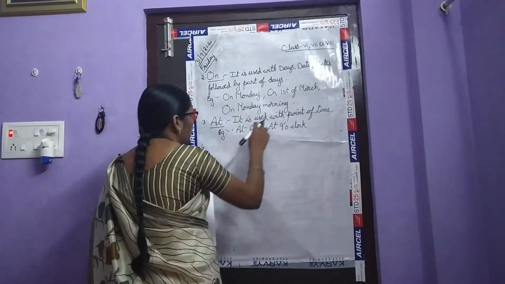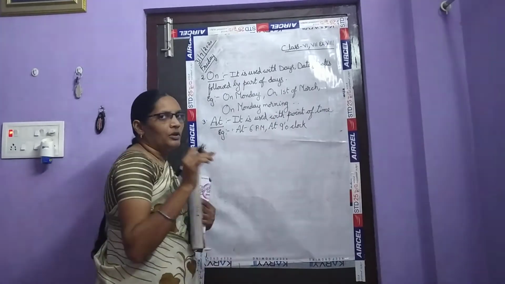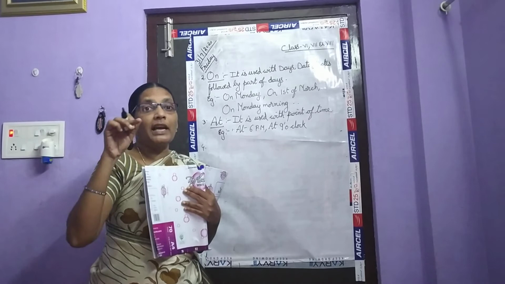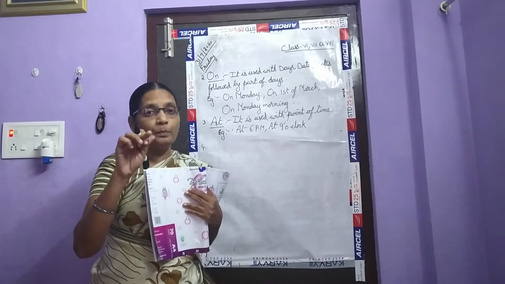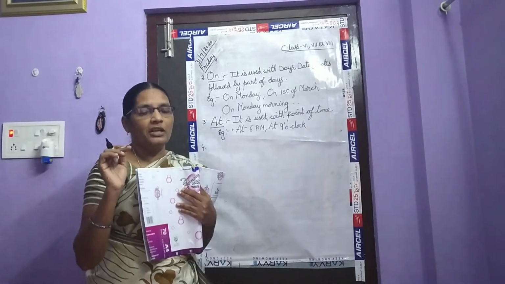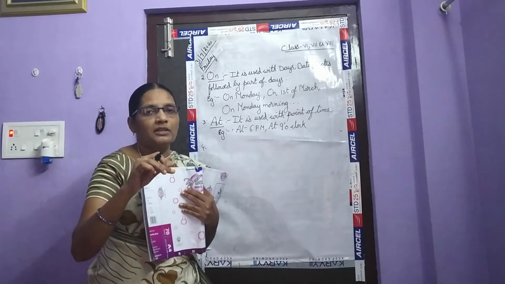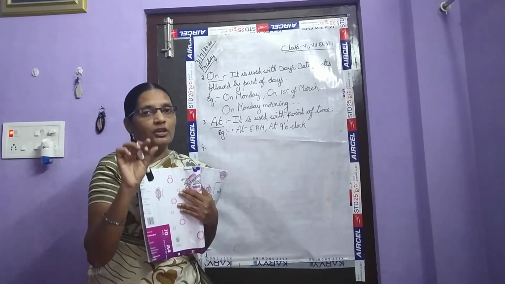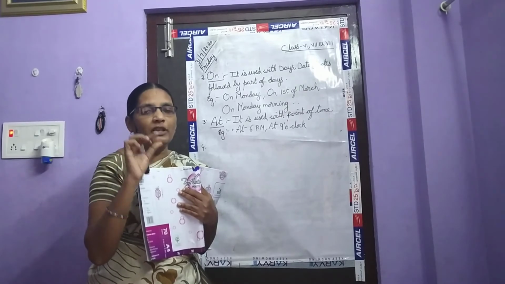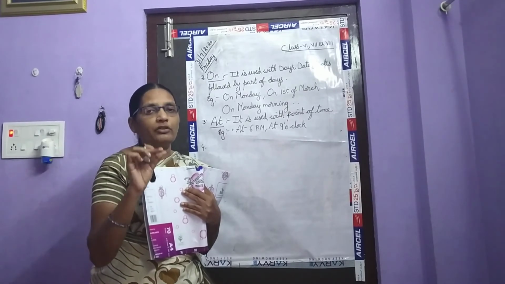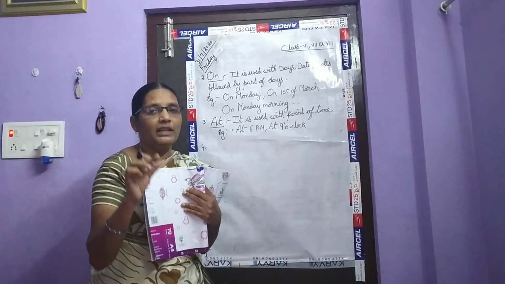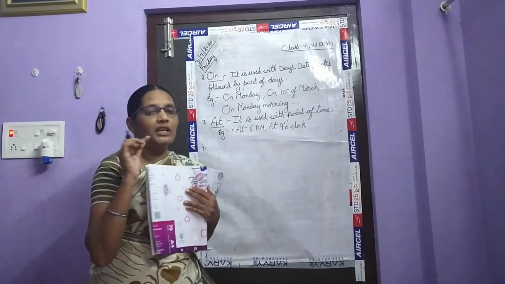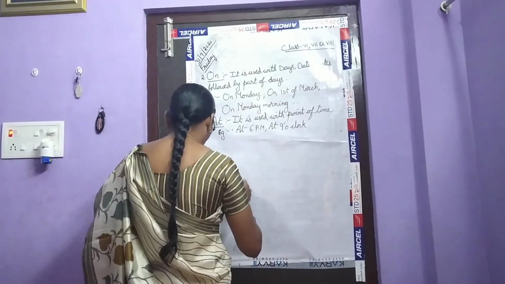When did you reach that place? I reached that place at 7 o'clock in the evening. I went to that place by 6 o'clock in the morning. So, when we express a particular point of time, we use the word at. At is a preposition which expresses a particular point of time.